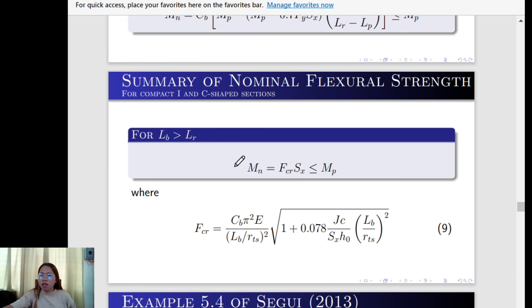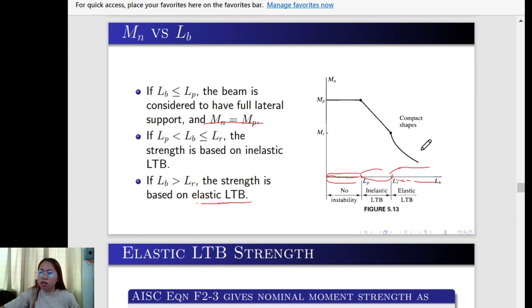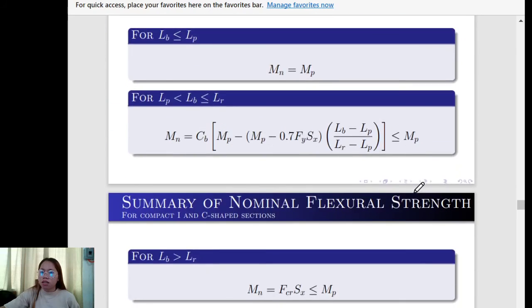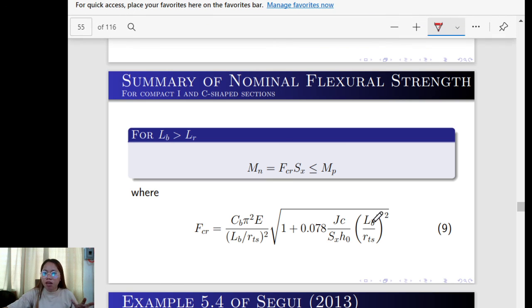So your nominal moment is equal to this critical buckling stress, F sub cr, times the elastic section modulus, which is still no more than M sub p. In this region, L sub b is greater than L sub r. Meaning, the unbraced length is longer than L sub r, meaning the member is not stable.